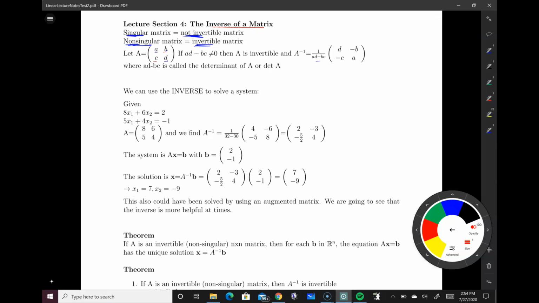All right, so here we go. Here I have a system, and yes, you could always augment and solve, but let's do it a different way. Let's use the inverse to solve it.